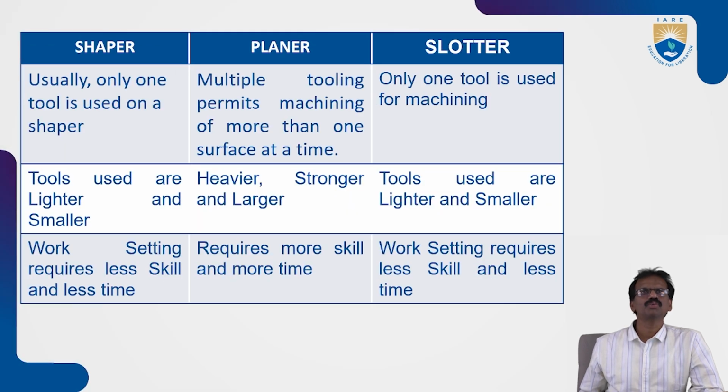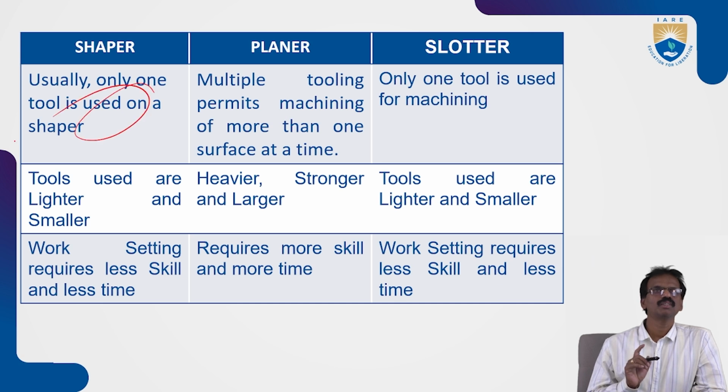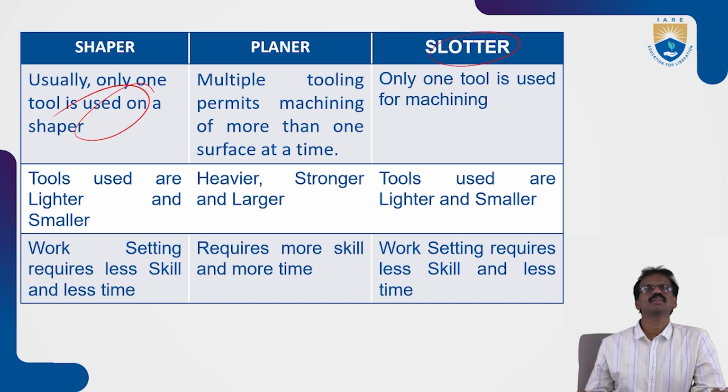Okay. Just a few more differences. In the shaping machine we use only a single point cutting tool. So one tool is used in a shaping machine.